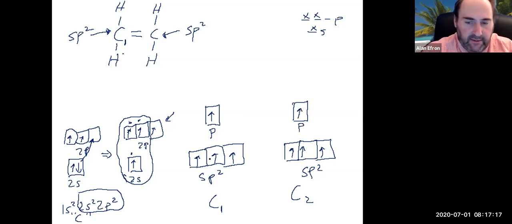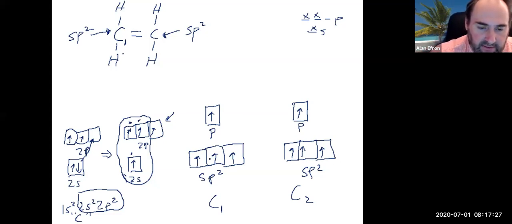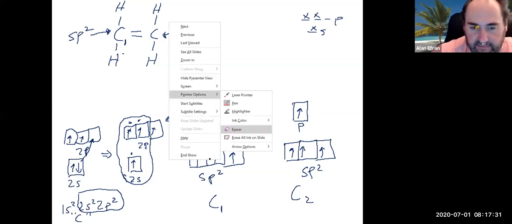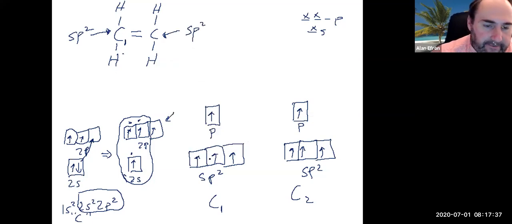So when this goes through hybridization, this is essentially what you're going to have. And again, this is just to illustrate where all the bonds come from. So let me just grab a different color here, maybe reddish.